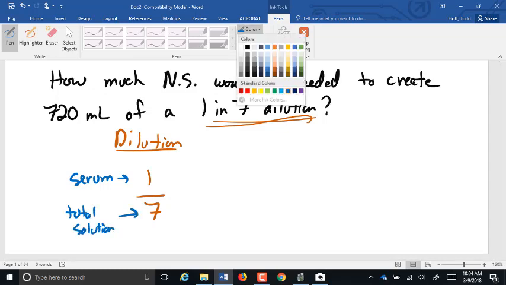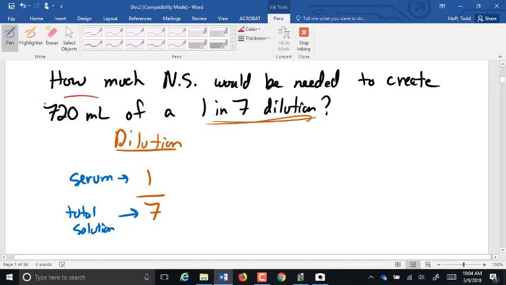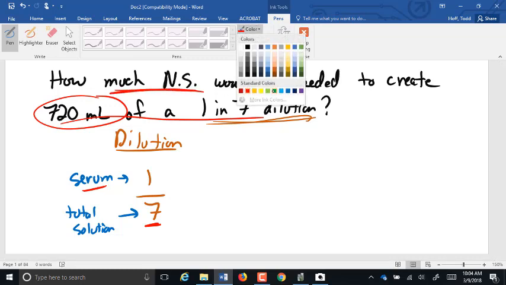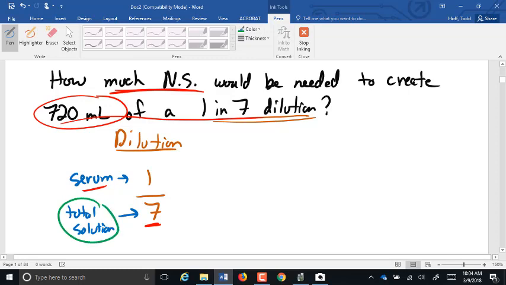So now in this problem, we are given the 720 milliliters. What does that represent? That is of the 1 in 7 dilution. That is the total. That represents the total. Are we looking for the amount of serum? No, we're looking for the amount of saline. So we need to keep the total solution.